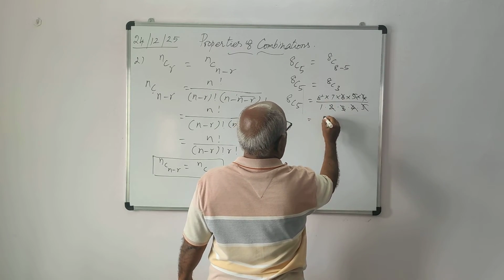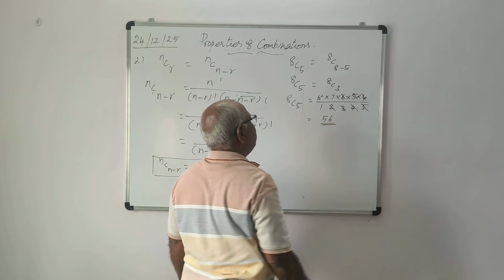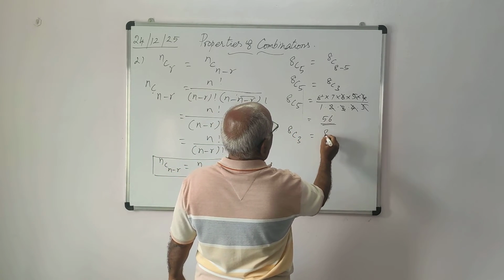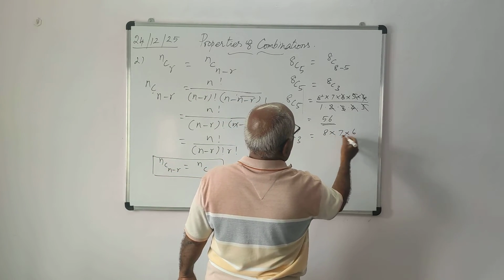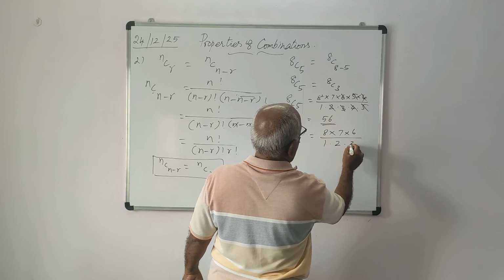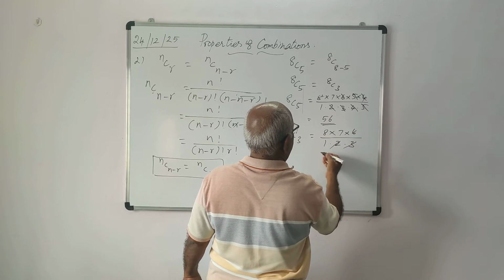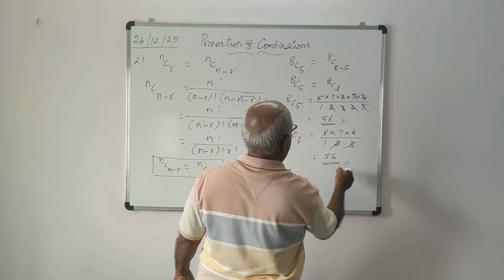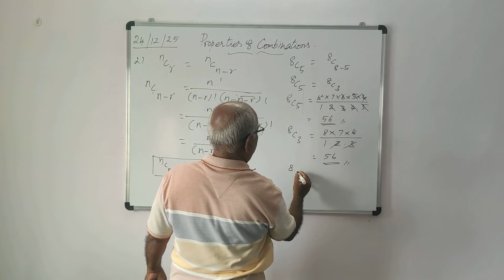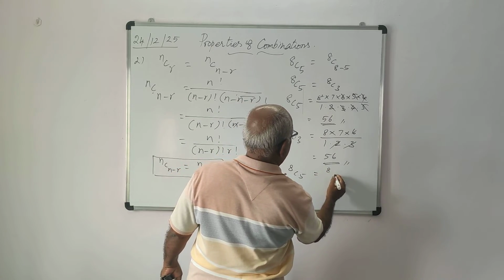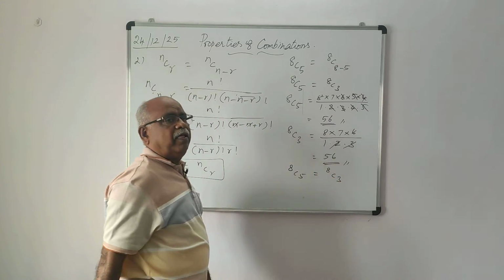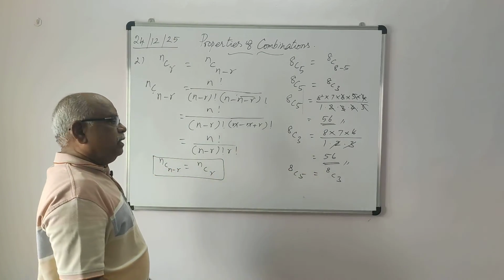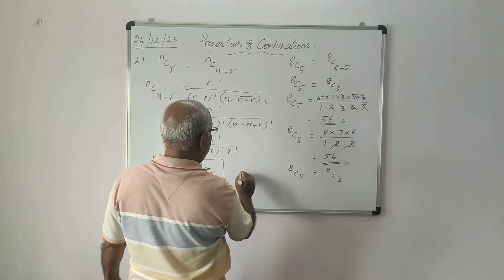You will get 8 into 7, which is 56. Similarly 8C3 is 8 into 7 into 6 by 1 into 2 into 3. 2 into 3 is 6, cancel. 8 into 7 is 56. So both are the same. So 8C5 equal to 8C(8 minus 5), that is 8C3. This is the property used here. This is very useful for solving bigger problems.